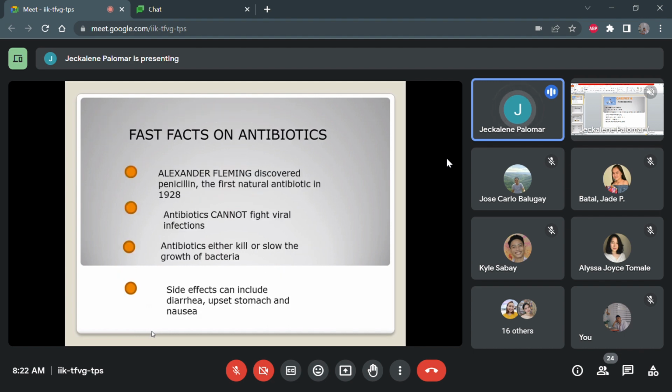So, some facts on antibiotics. Alexander Fleming discovered penicillin, which is the first natural antibiotic, in 1928. Antibiotics cannot fight viral infections. They cannot help with viral infections. Antibiotics either kill or slow the growth of bacteria. Common side effects can include diarrhea, upset stomach, and nausea.